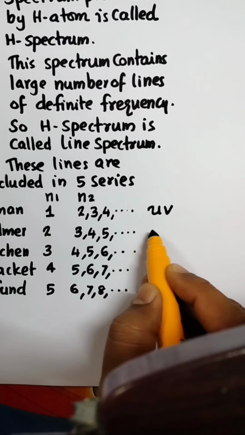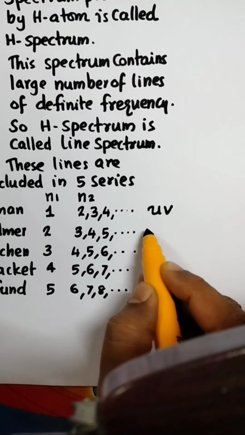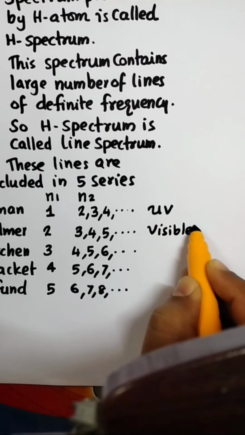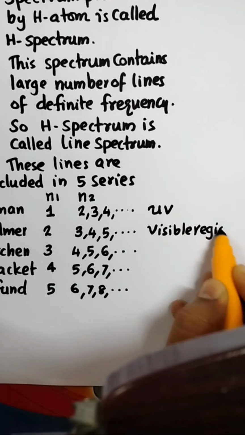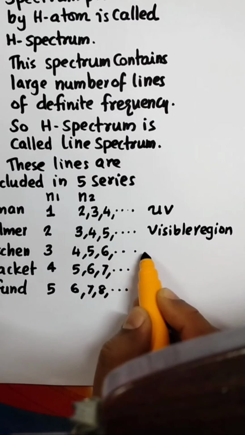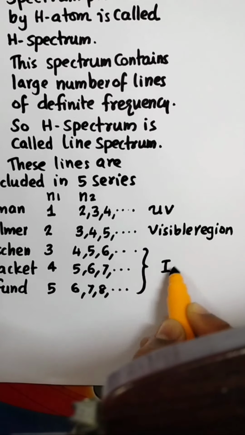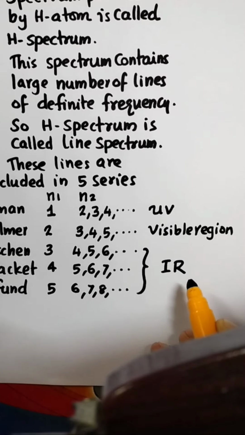Balmer series is present in visible region. The only series which is present in visible region is Balmer. Paschen, Brackett and Pfund series are present in infrared region.